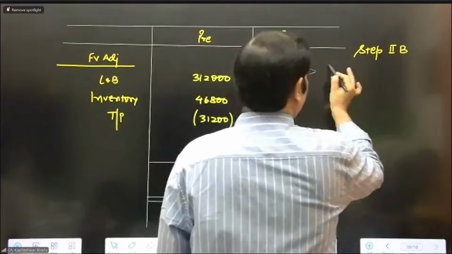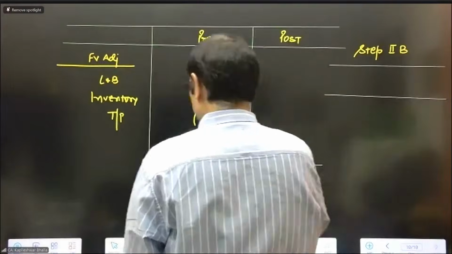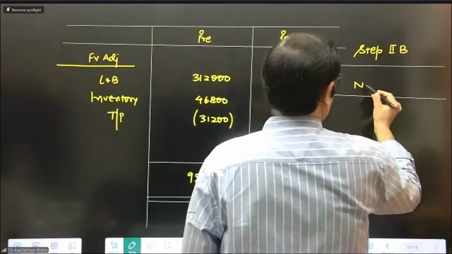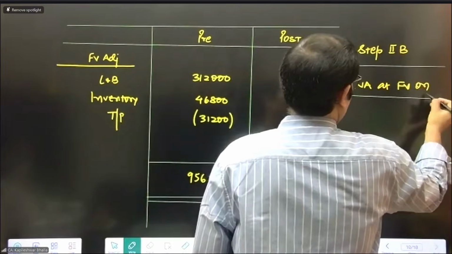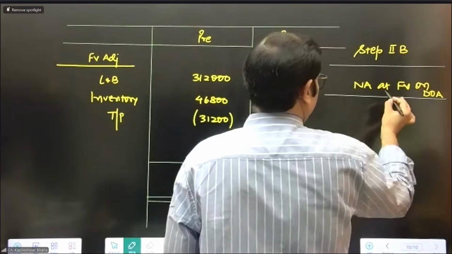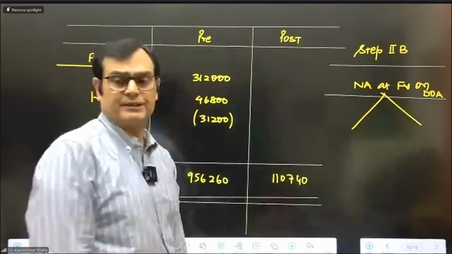So it's a good idea that in step number 2B, when you organize the net assets at fair value on date of acquisition, you organize two net assets.